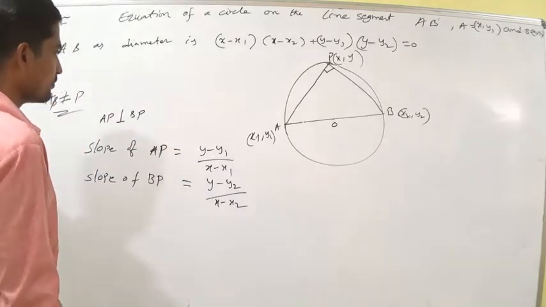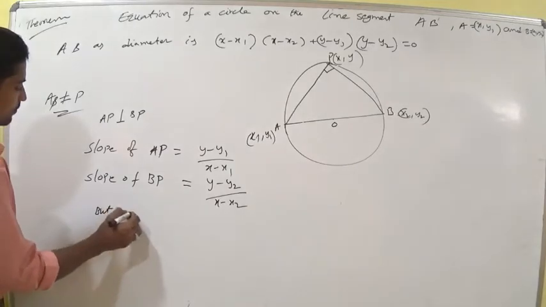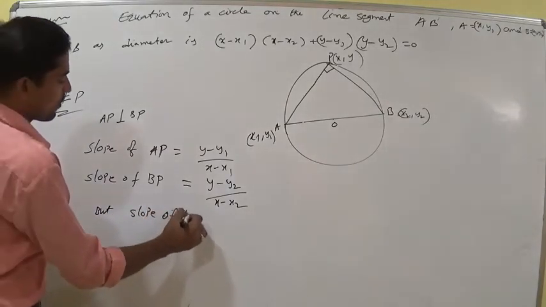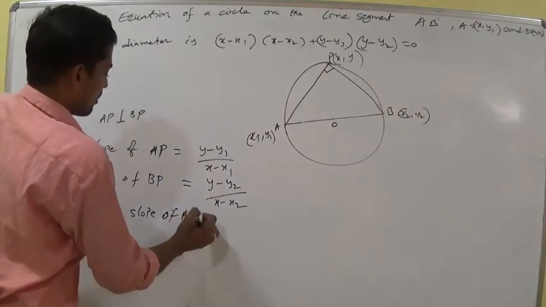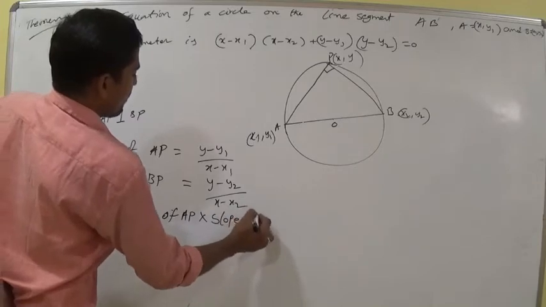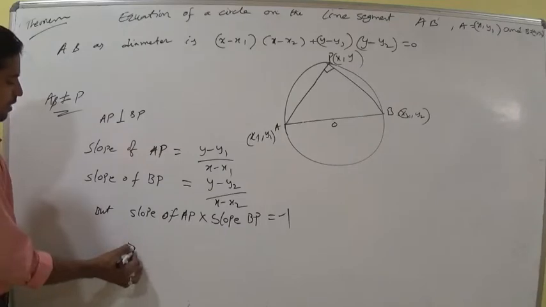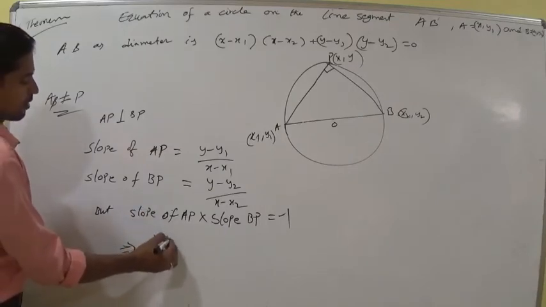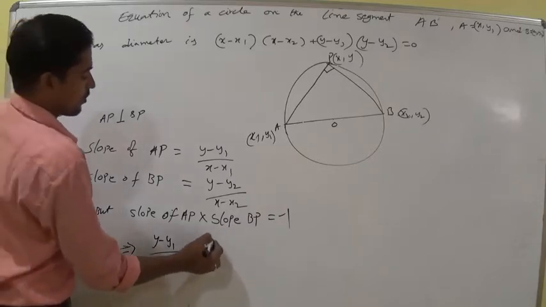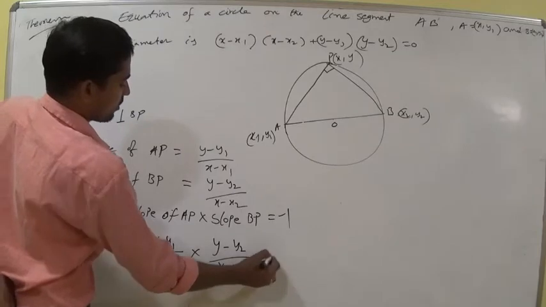But the product of the slopes of AP and BP is -1, which implies (y - y1)/(x - x1) × (y - y2)/(x - x2) = -1.